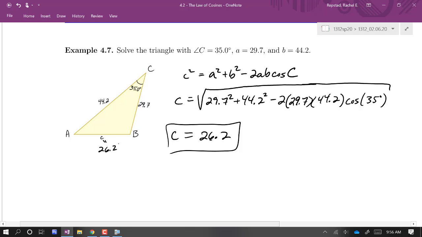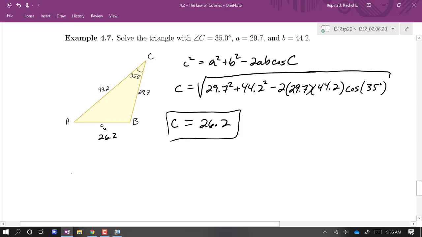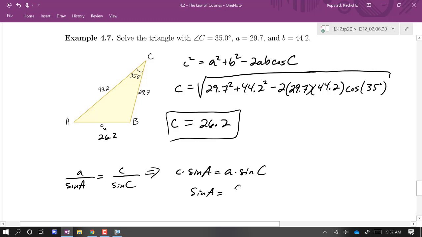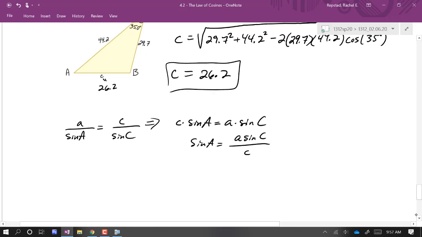It's easier to use law of sines, so we'll just use law of sines to find angle A. So A over sine A is C over sine C, which means that C times sine A is A times sine C, or sine A over C. A is arcsine.